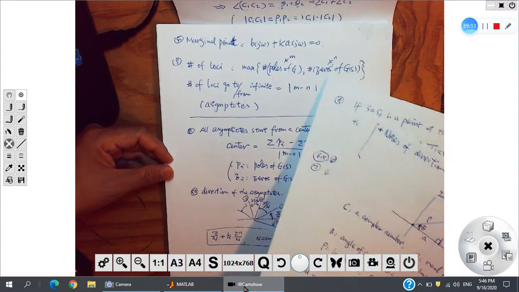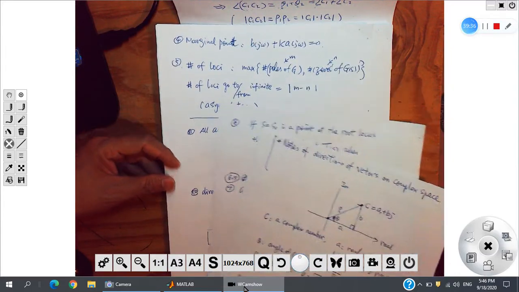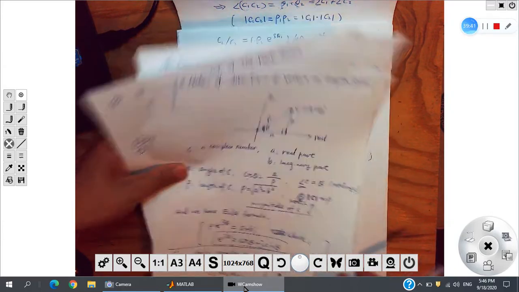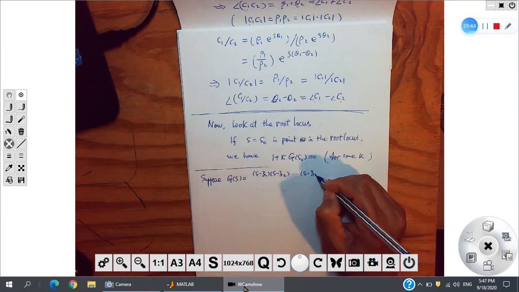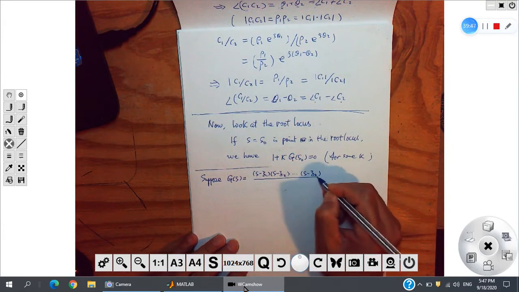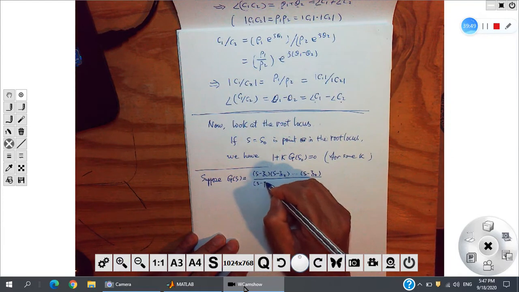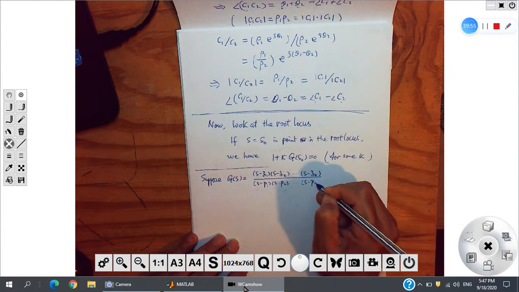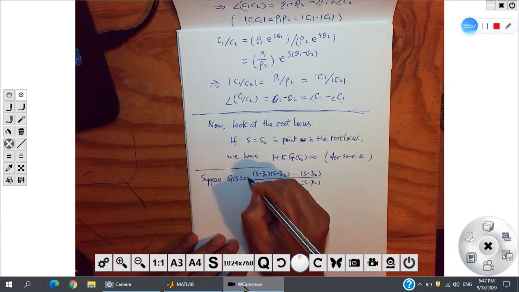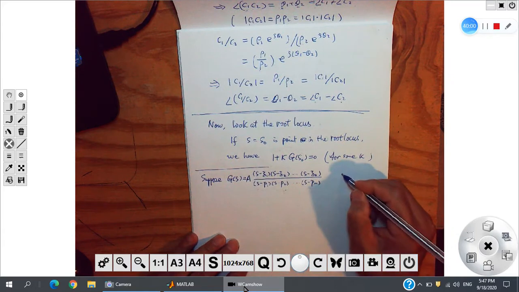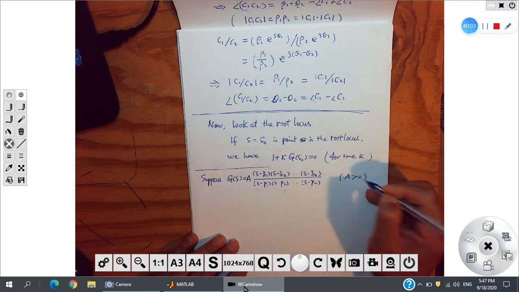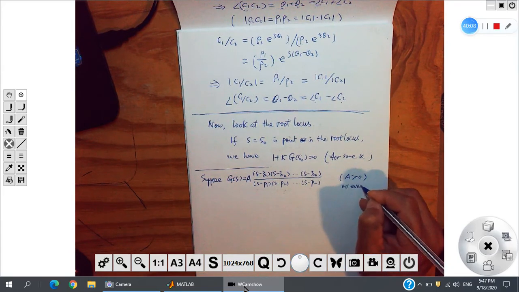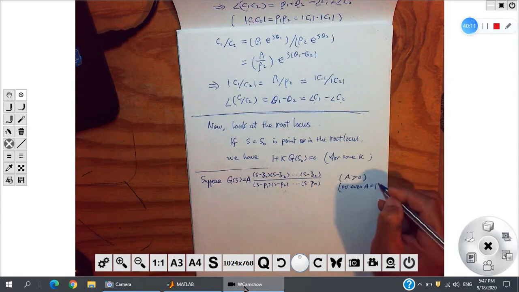I use n for the number of zeros, and m for the number of poles. Then the denominator is s minus pole 1, s minus pole 2, until s minus pole m. And here we have a coefficient a, and we suppose a is positive, or even suppose a is 1.